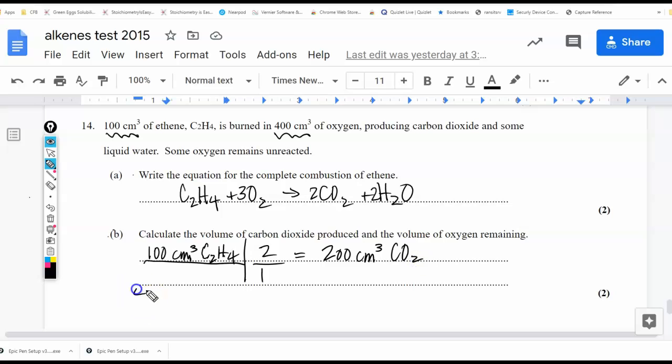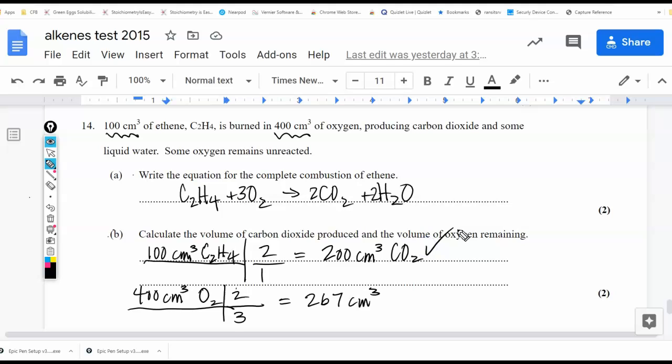If I use the other one, 400 centimeters cubed of oxygen, it's already told me I have oxygen remaining, so that means I would have 3 to 2 here, and I would end up with 800 divided by 3, which is 267 centimeters cubed. So this is going to be my amount of CO2.